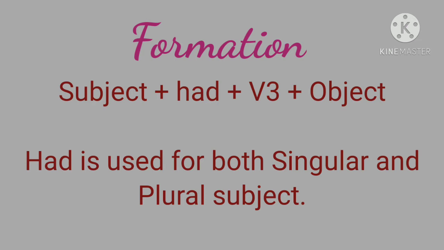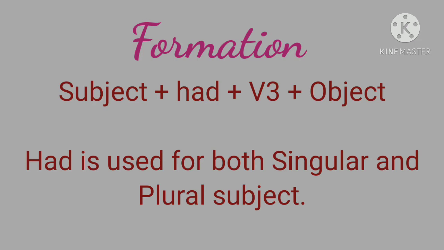First we write the subject, then had plus verb 3 plus the object. Now we need to remember that had is used for both singular and plural subjects. So if your subject is singular, we use had, and if your subject is plural, we use had.